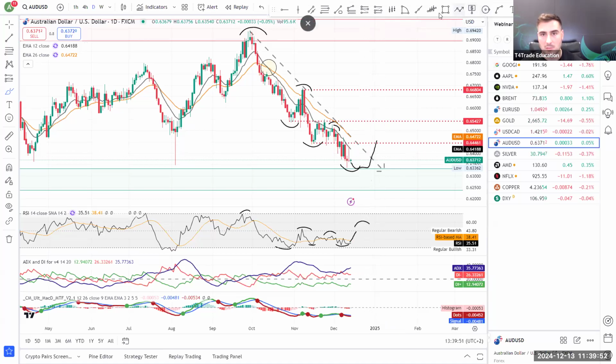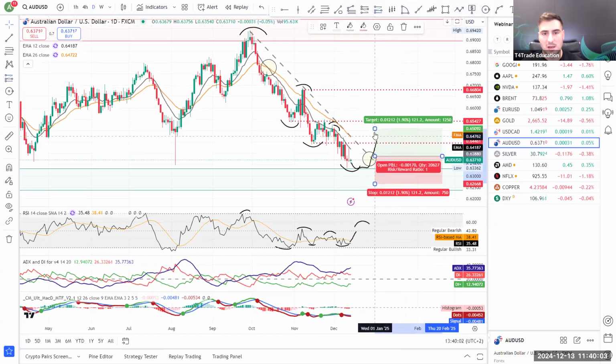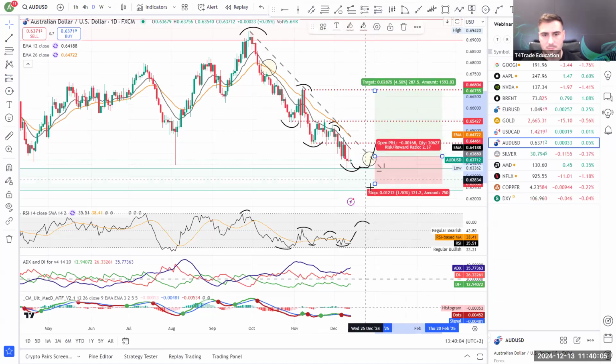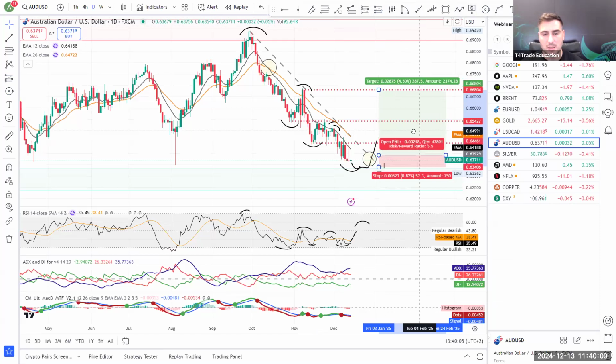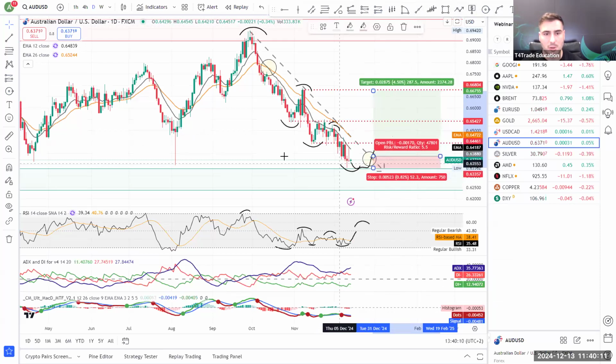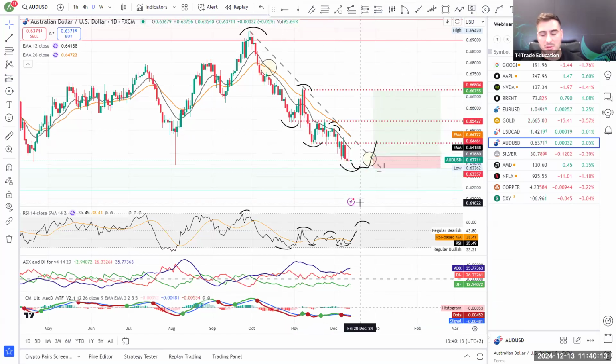So a break around this area is something that I'm going to be looking at closely if I want to go long and play the reversal that we explained at the earlier stages of this webinar. Though this is a hypothetical scenario.